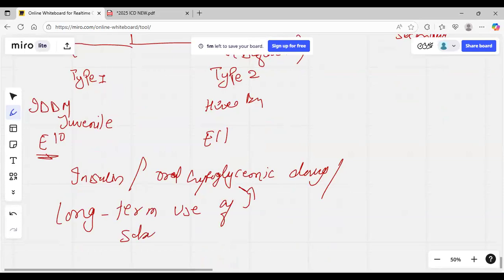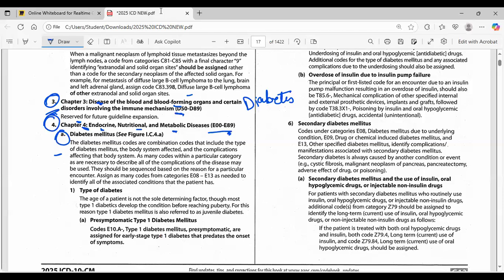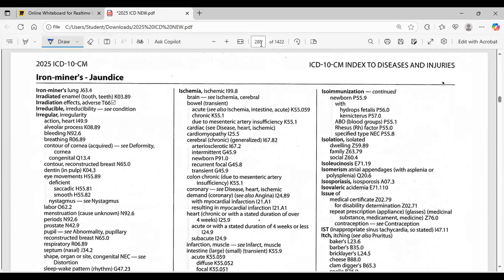Let me show you here. We have a code from series Z79, and you use that series whenever the patient is using a medicine or any drug long term.